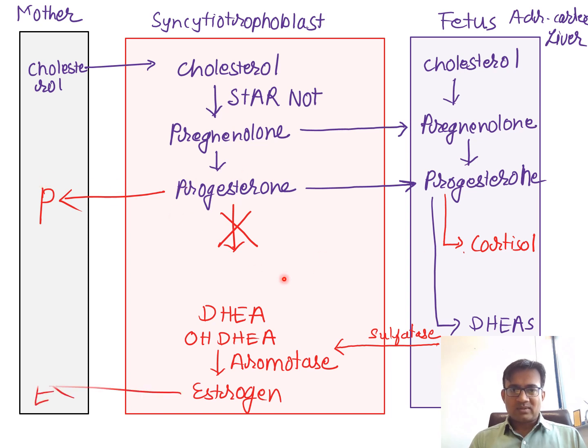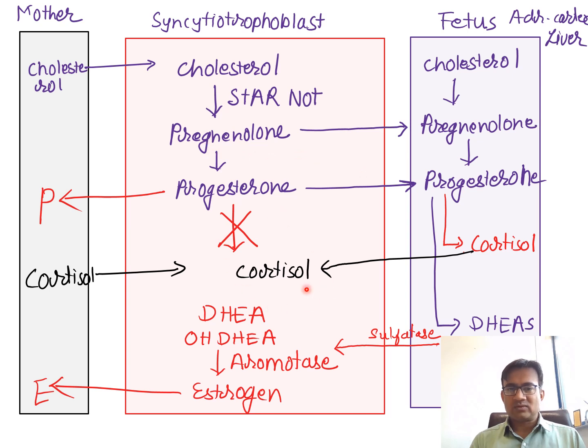Progesterone can reach the mother. This estrogen derivative can reach the mother. Not only that, see, cortisol is also formed by the mother as well as by the fetus. Cortisol will reach the placenta, and cortisol is required for the synthesis, or you can say maturation, of the lung. So this is how mother, placenta and fetus are dependent on each other.